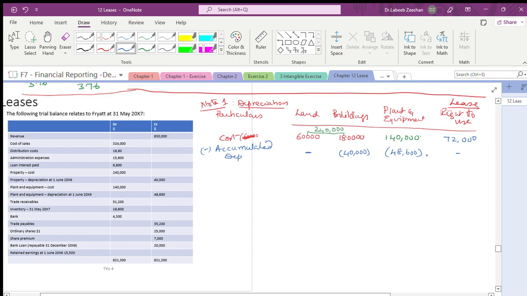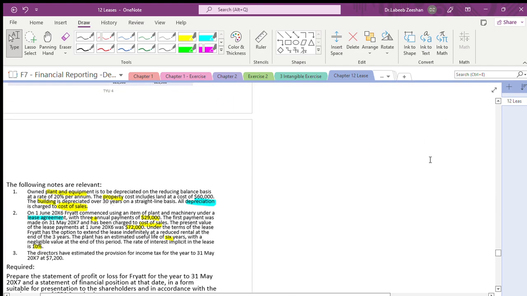Now what they are saying is very important. See, the plant and machinery is on the reducing balance method. Property cost includes 60,000. The building is depreciated on the straight line method.